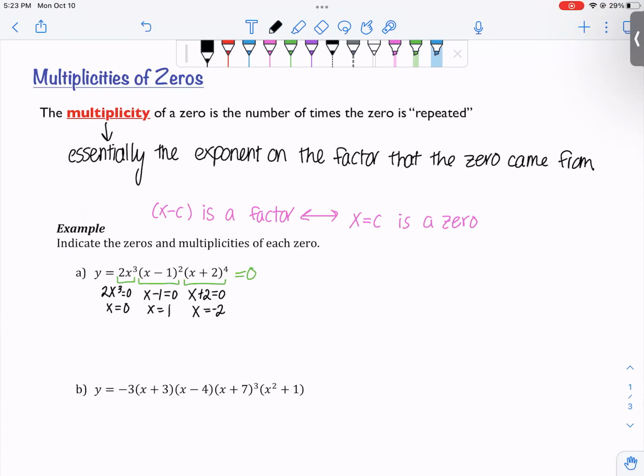So the zeros we have are x equals 0, x equals 1, and x equals negative 2. Their multiplicities are simply the exponents. So the multiplicity of 0 is 3.